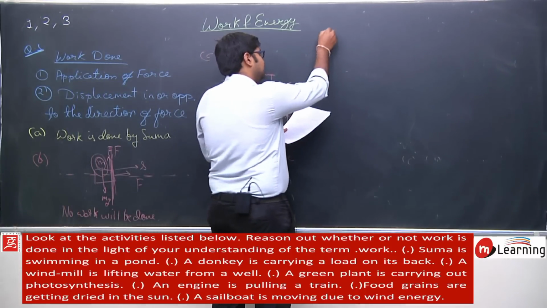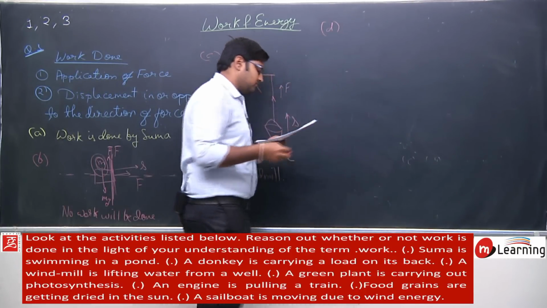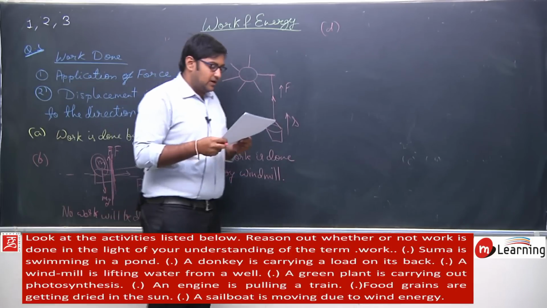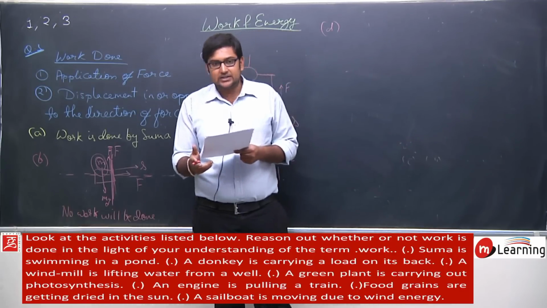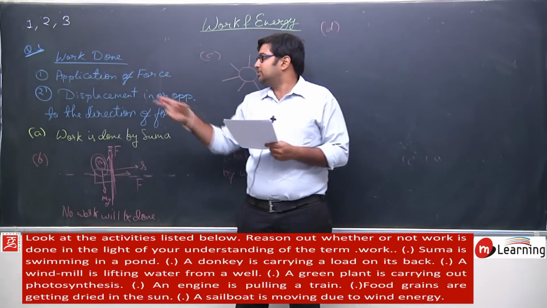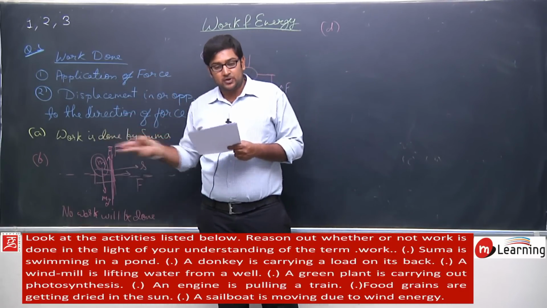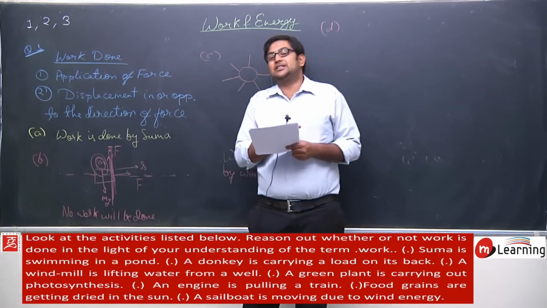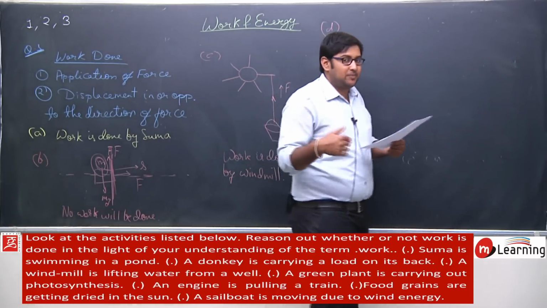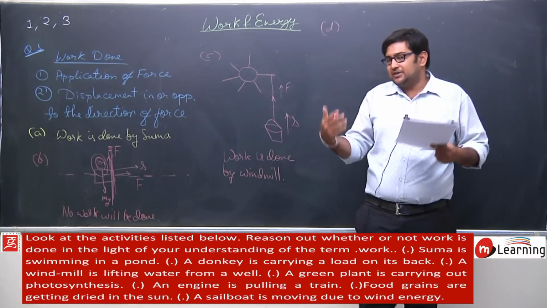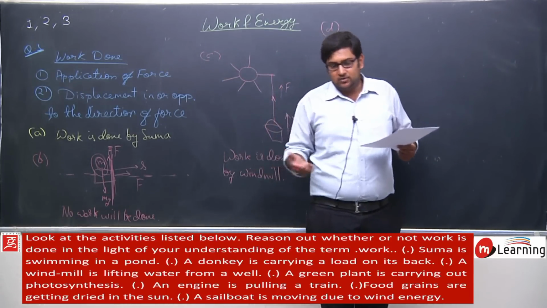Now the fourth condition says a green plant is carrying out photosynthesis. As we have learned, the condition for work done has to be force and displacement both. Now in case of photosynthesis, there is no displacement of leaves. When the food is getting prepared inside the leaves, have you ever seen the leaves moving around?